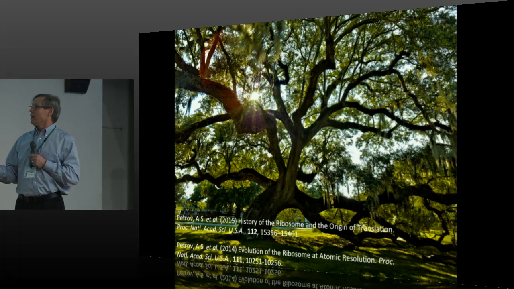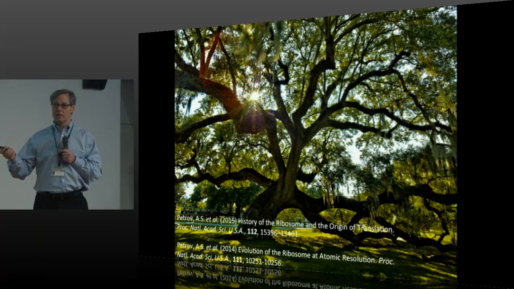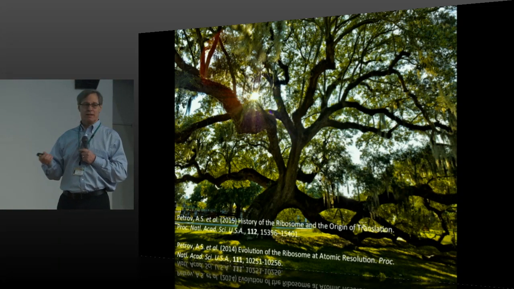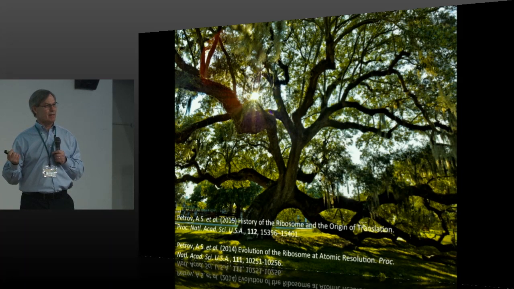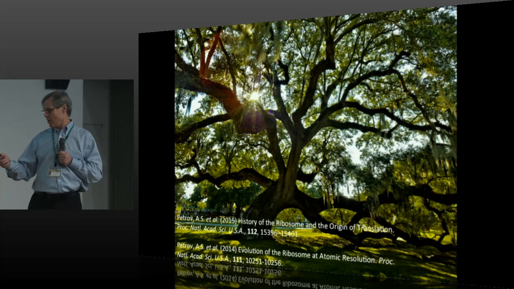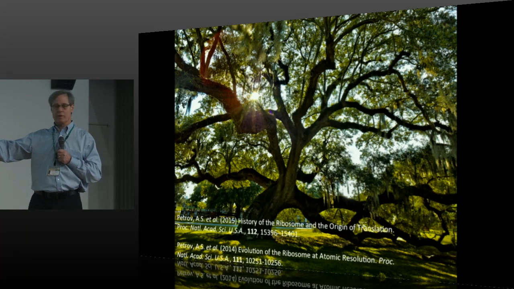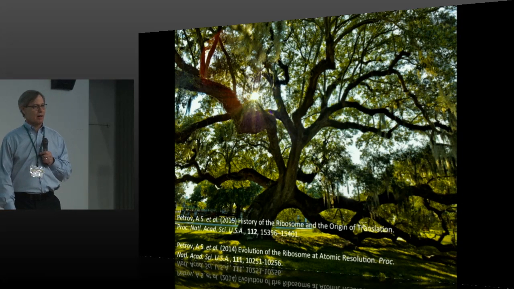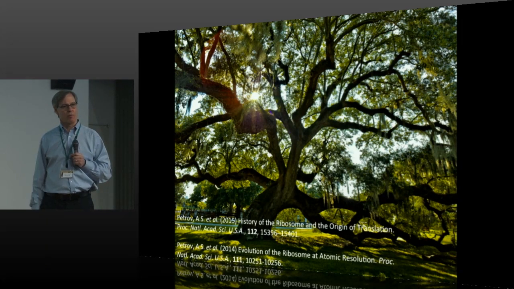Maybe if you're from Arizona and you haven't seen a tree before, this wouldn't make sense to you. But for the rest of us, we can look at this tree and, at a very high level of detail, ascribe relative age to everything on it. You could say the oldest part of this tree is in the center of the trunk. The leaves are the most recent. The small twigs are younger than the big twigs, et cetera, right? And you can look at this tree and work out its history.